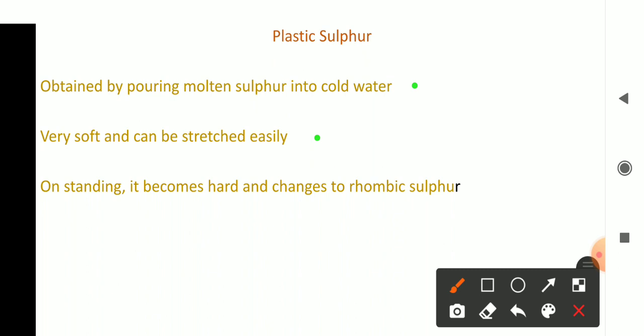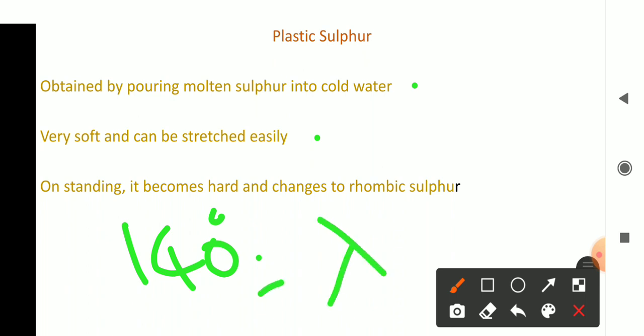When sulfur is taken at around 140 degrees Celsius, the monoclinic sulfur melts to form a mobile pale yellow liquid, which is called lambda sulfur. In the vapor form it contains S8, S7, S6 and a small amount of S2, S3, S4 and S5 molecules. Students, with this the allotropic forms of sulfur are over.